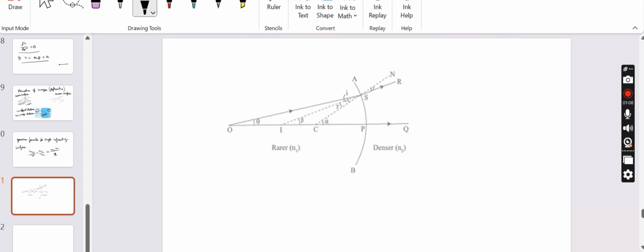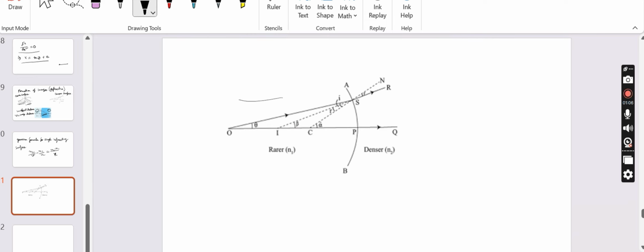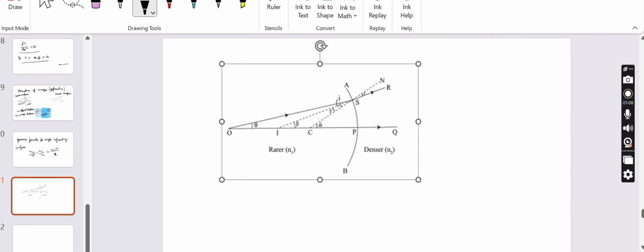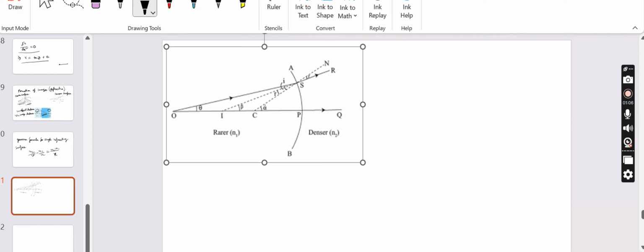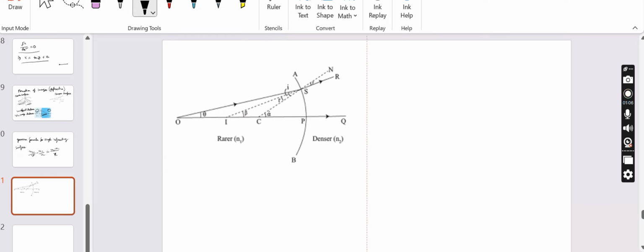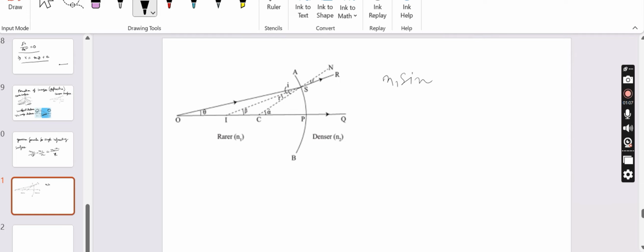We know that Snell's law says that n1 sin i is equal to n2 sin r.